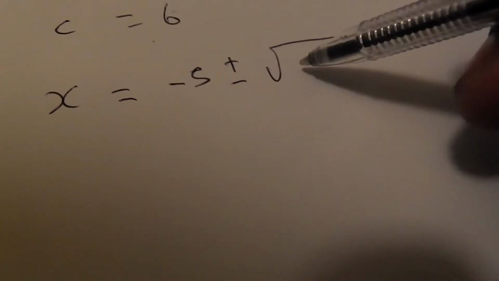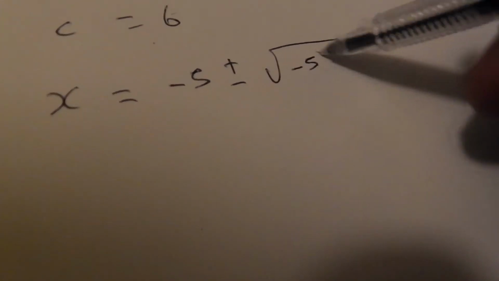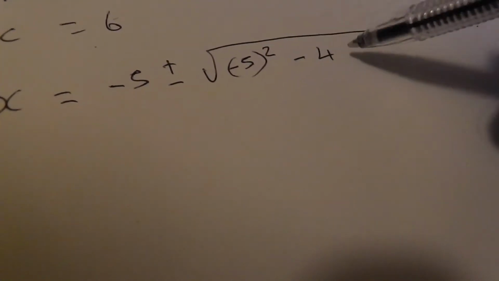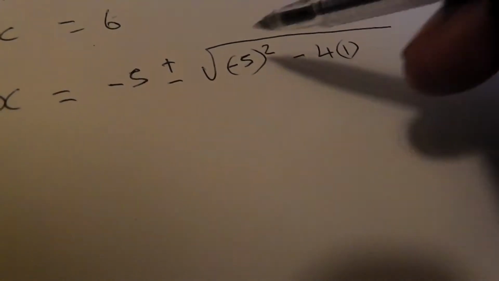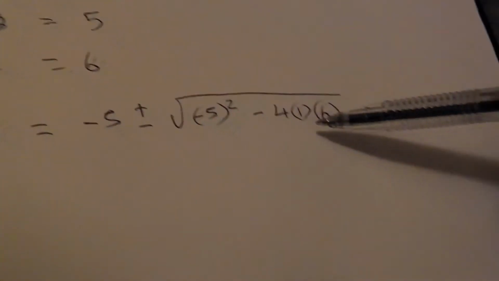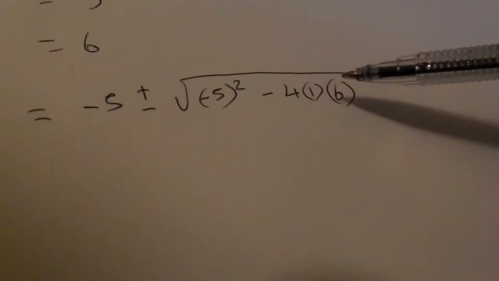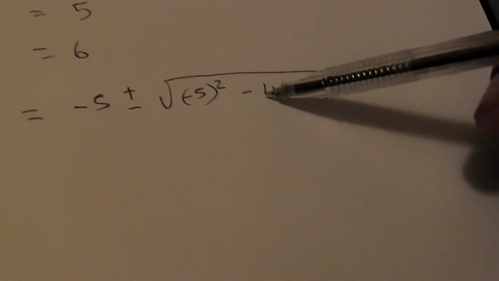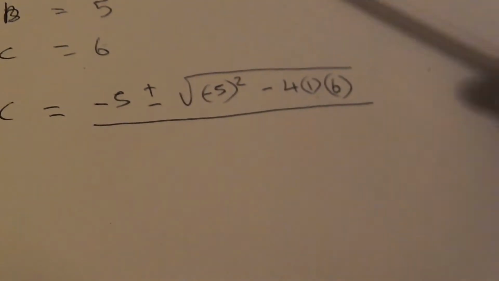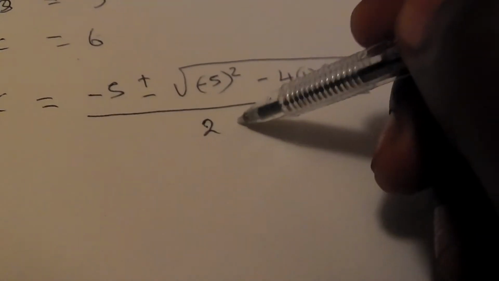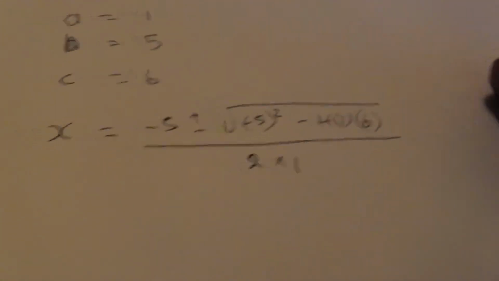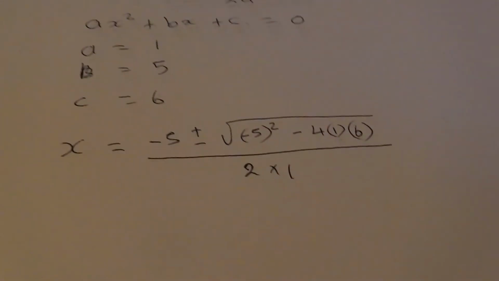Our b is negative 5, so we write negative 5 squared minus 4 times a, our a is 1, times c, which is 6. The brackets just mean that you are multiplying, so here it is 4 times 1 times 6. And remember that is all over 2 times a, of which our a is 1. Now we've put in all the values.